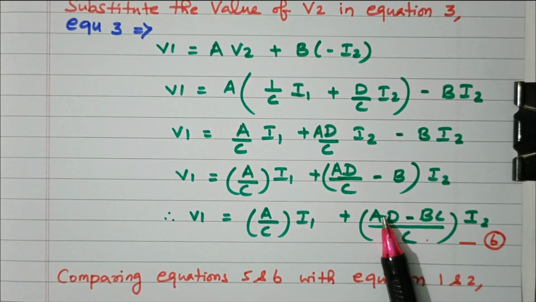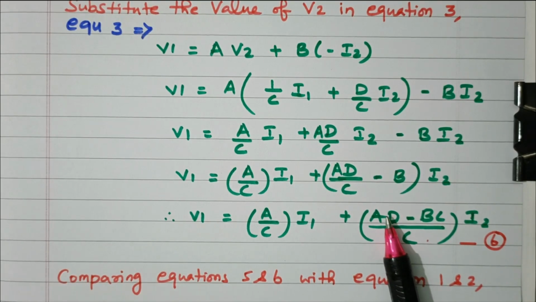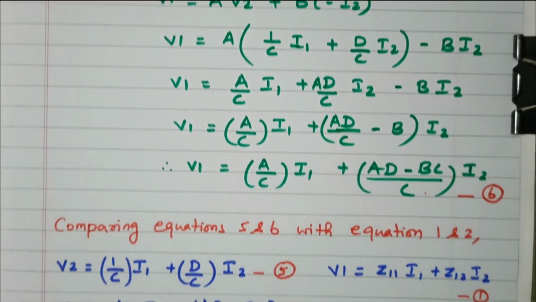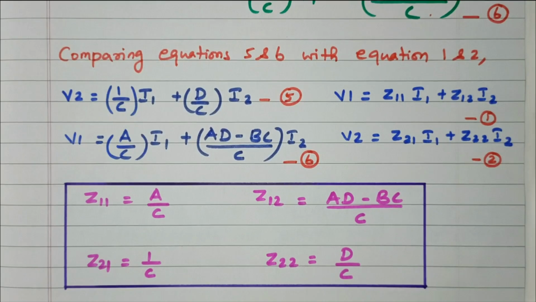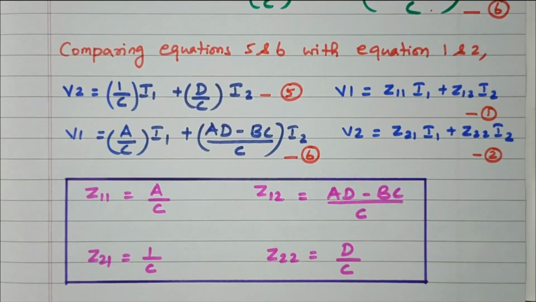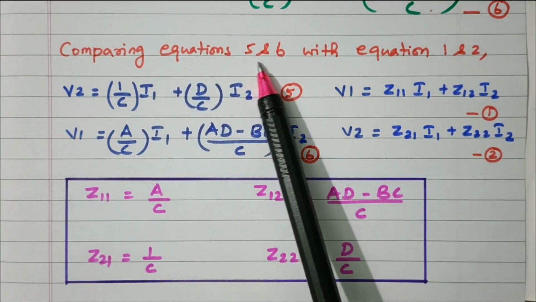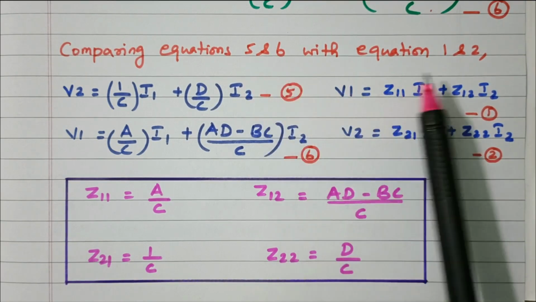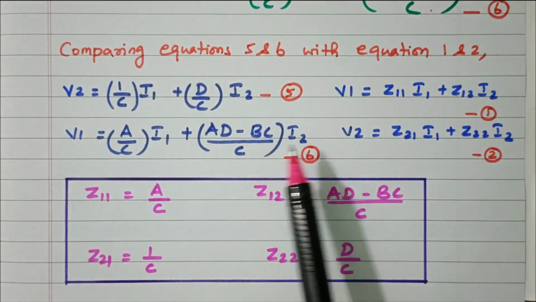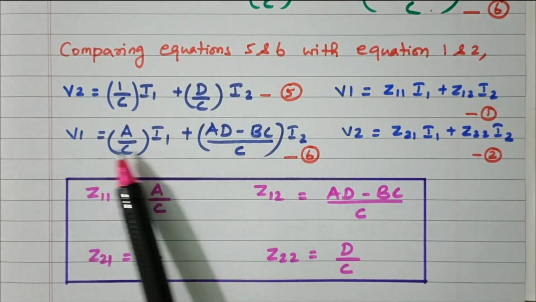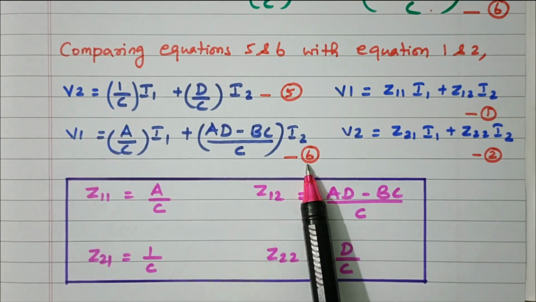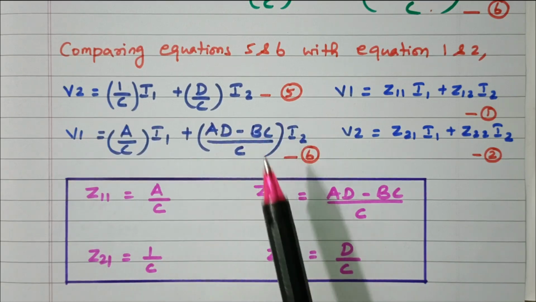Now we'll see how to get the relationship. So we have equations 1, 2, 3, 4, and now we got equations 5 and 6. Now we are going to compare equations 5 and 6, what we modified, with equations 1 and 2. So it is again written: this is equation 5. V1 is available in equation 6, V2 is available in equation 5.